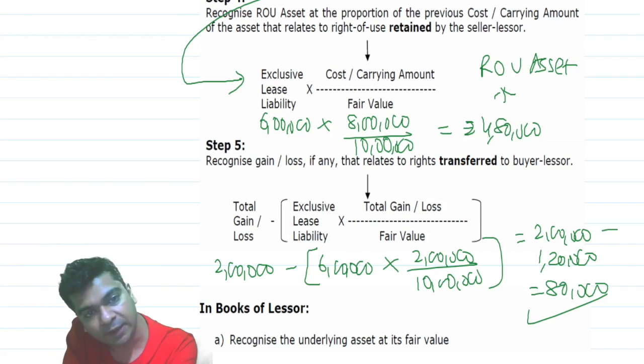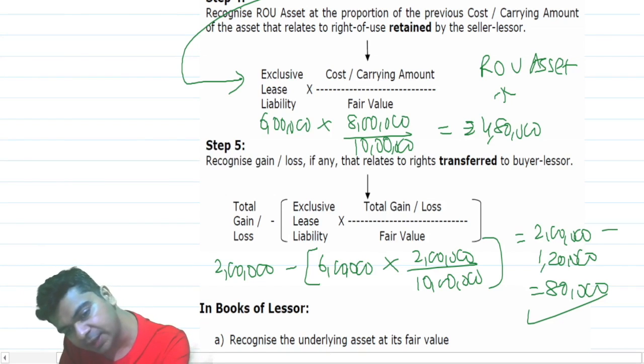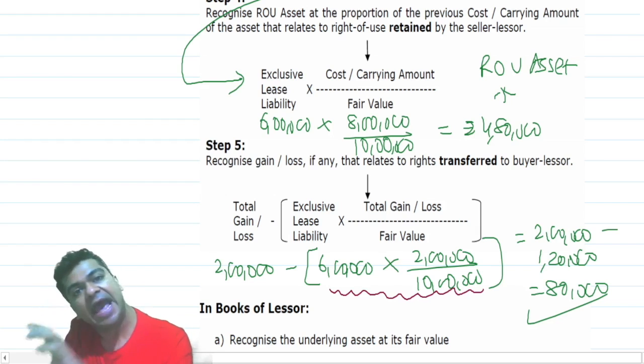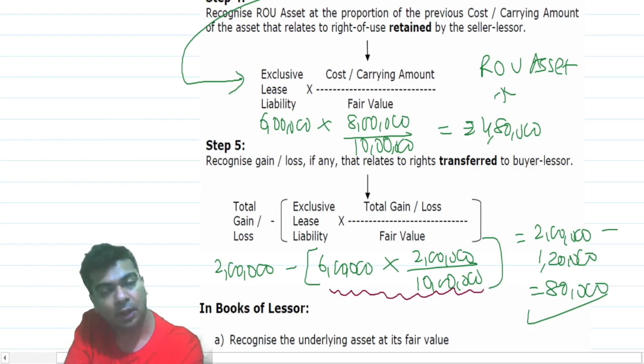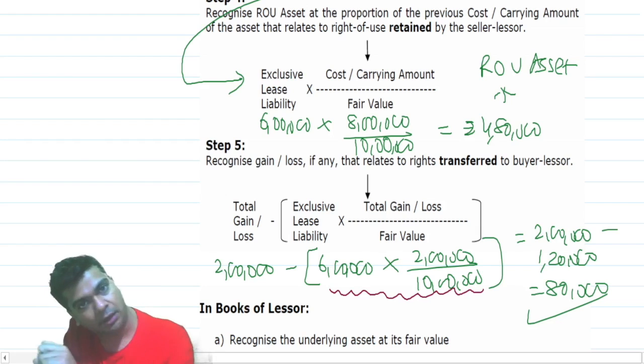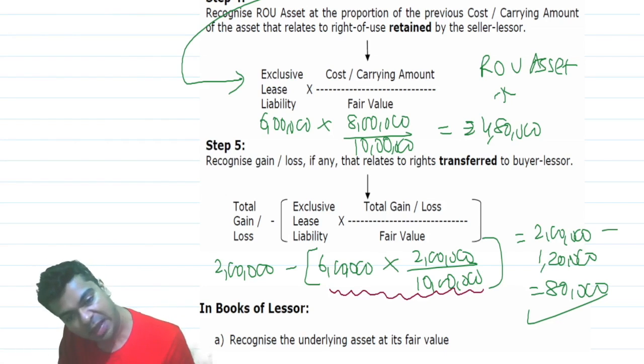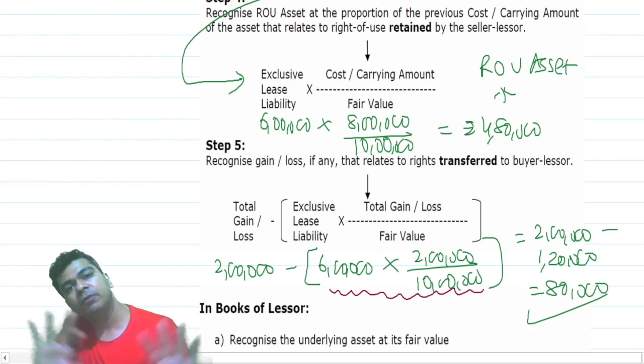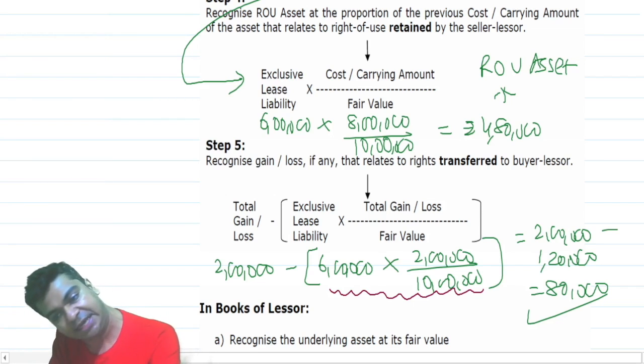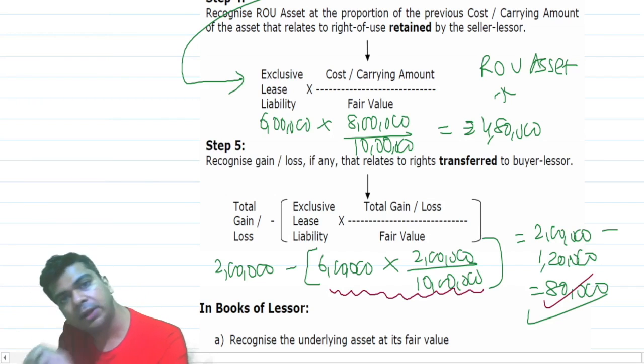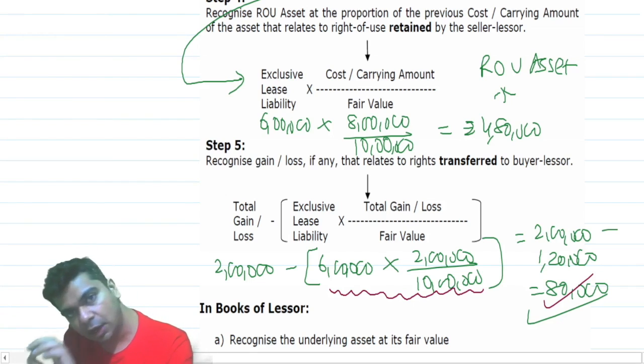This portion that you are calculating is the gain for the asset that has been retained. The asset which has been retained, you cannot show gain or loss. So I'm calculating that and deducting it from the total gain. And then I realize that 80,000 is what can be recognized in our books.